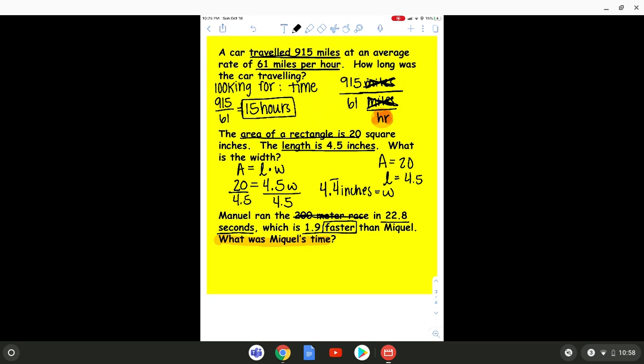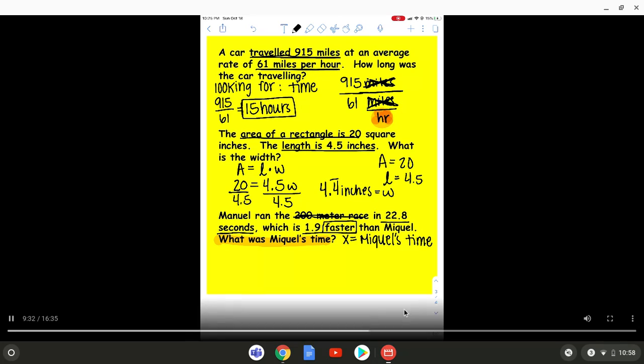And since it's faster, that means Mikkel ran slower than Manuel. So I know that the answer I get for X should be bigger than 22.8. And this is where I made a mistake, which is why I'm fast forwarding through it.